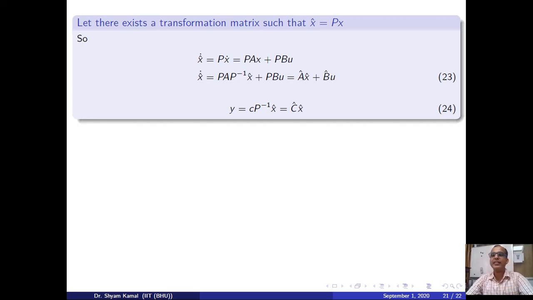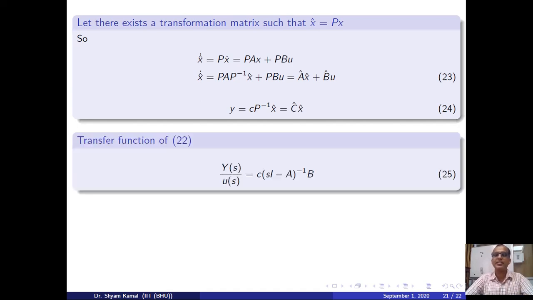Due to that reason we say that the two state representations x and x cap have some relation, and that is related with some matrix P. And if you take the differentiation on both sides, I can express the system as well as the output in terms of P. I am assuming that P is a constant matrix as well as time invariant.